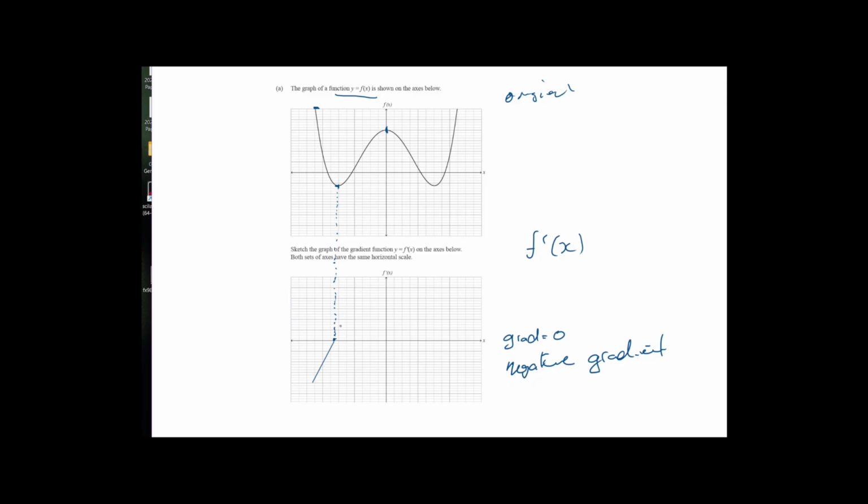So it's still positively sloped, and then it gets a little less. It starts getting less and less until it crosses the x-axis there.